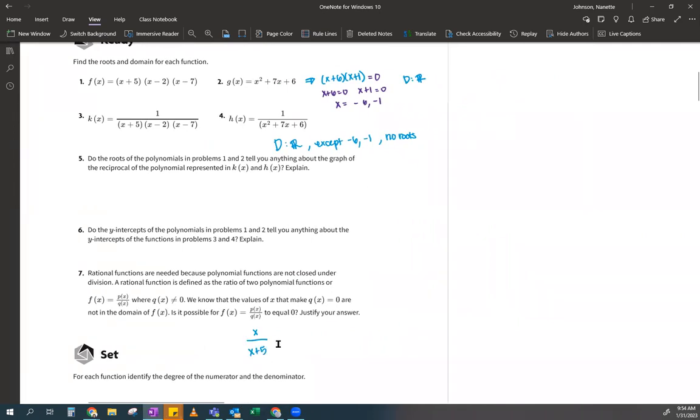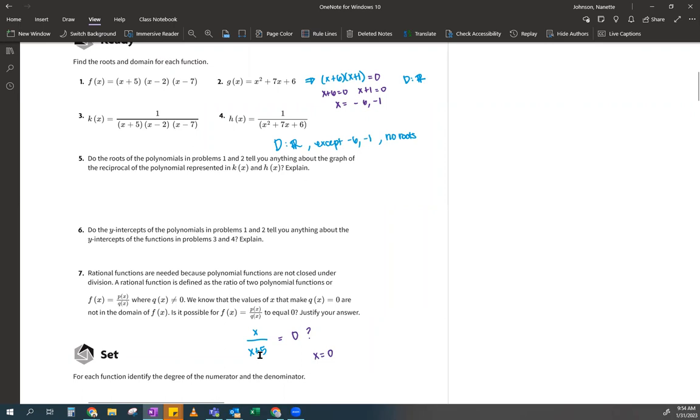So my question is, when does this equal 0? And the answer is when x equals 0. So is it possible? Yes, I just found one. Justify your answer. As long as the numerator equals 0, and it doesn't bother your domain, right?